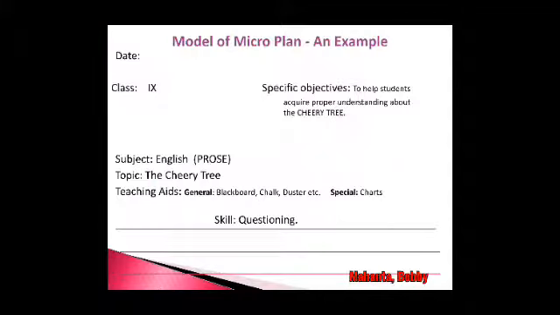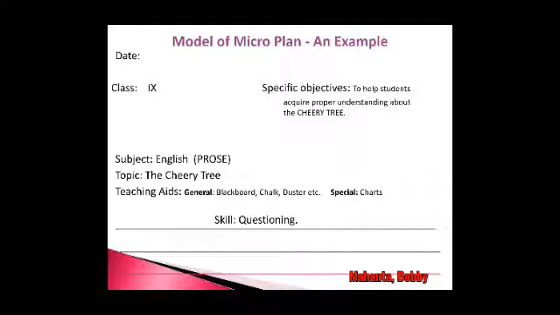Now, earlier when we talked about the format of a micro teaching plan in the beginning, this was the format. I'm just trying to show you so that you will be aware how a micro lesson plan can be prepared. As I stated in the beginning of my lesson, micro teaching implies one skill at one time, like the skill of introducing a lesson and so on.